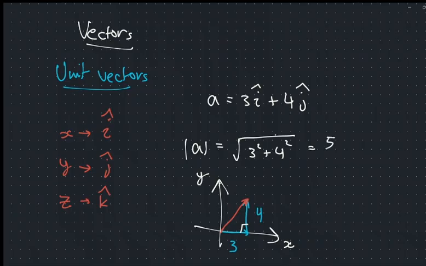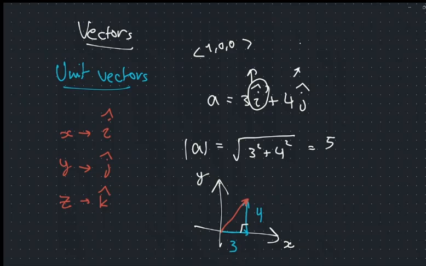So unit vectors are essentially vectors that have only a magnitude of 1 in a specific direction. Let's have a look at i. We can represent it in component form this way. It looks like this. It only has 1 unit in the x direction.